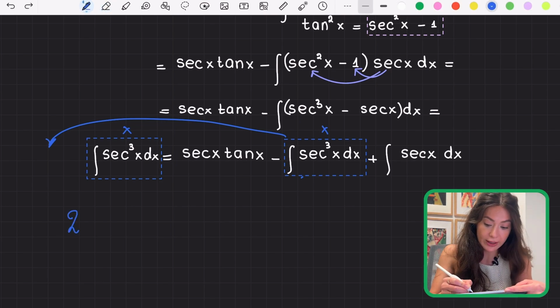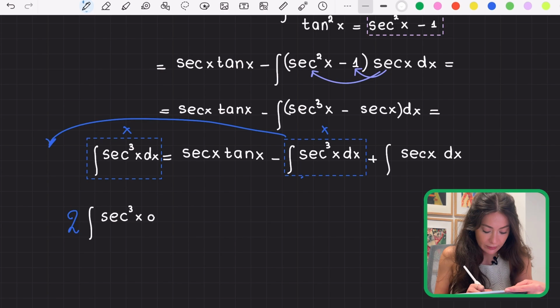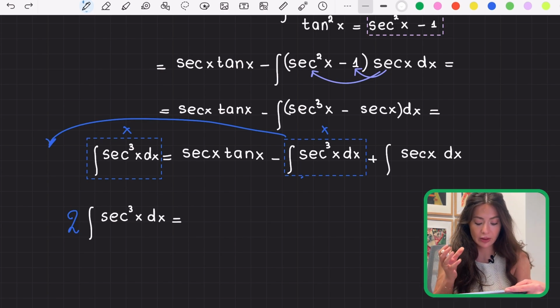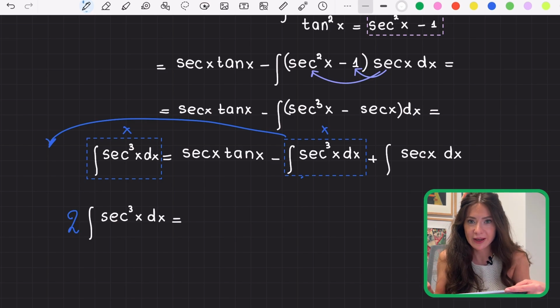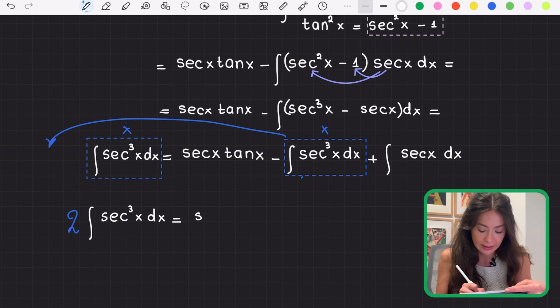I'm going to put a giant 2 to really make this point that there are two secant cube x's right now, but they only asked for 1. So I'm going to divide my final answer by 2, and that's easy enough. This term, I'm still dragging this along.